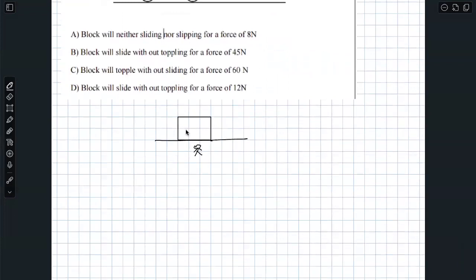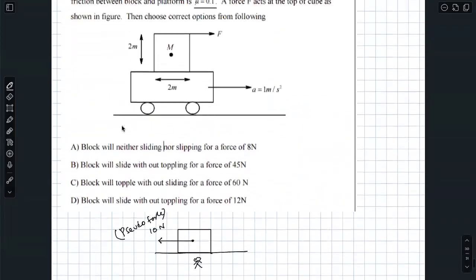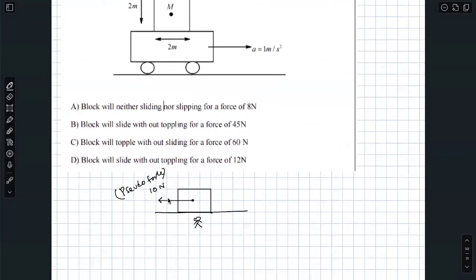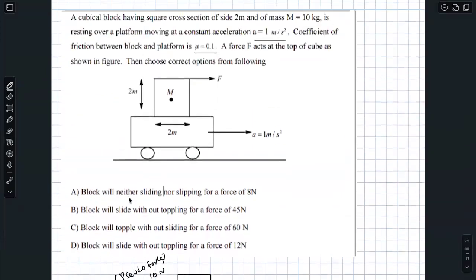Therefore, in this reference frame, this will experience a 10 newton force. This is the pseudo force. Agreed? Right. Next point, mu is 0.1. The utmost limiting value is 10 newtons: 0.1 into 10 kg into 10.